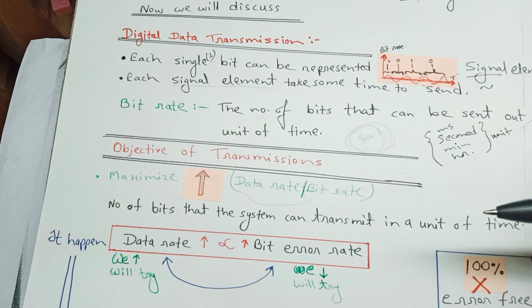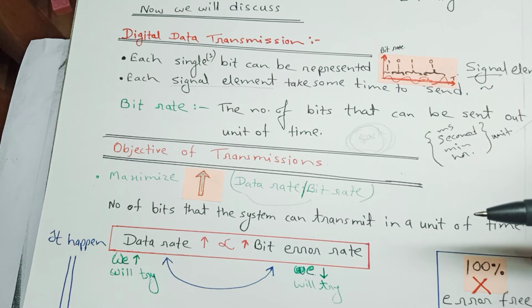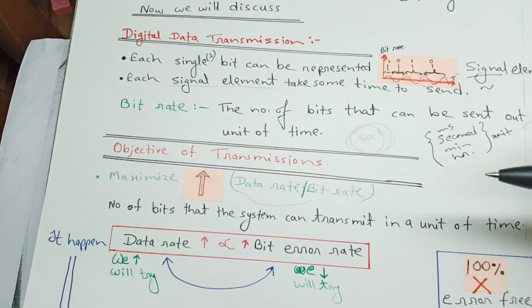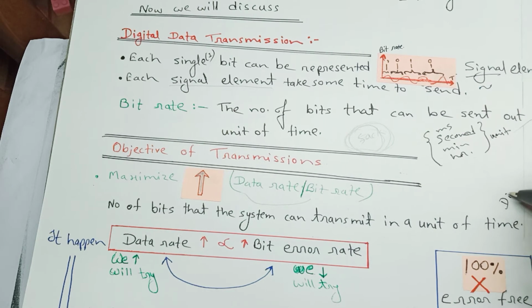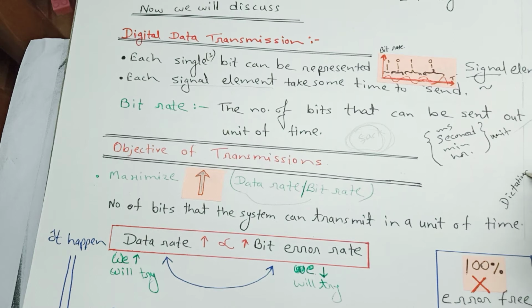Another example of the objective of transmission from our daily life is dictation in school.